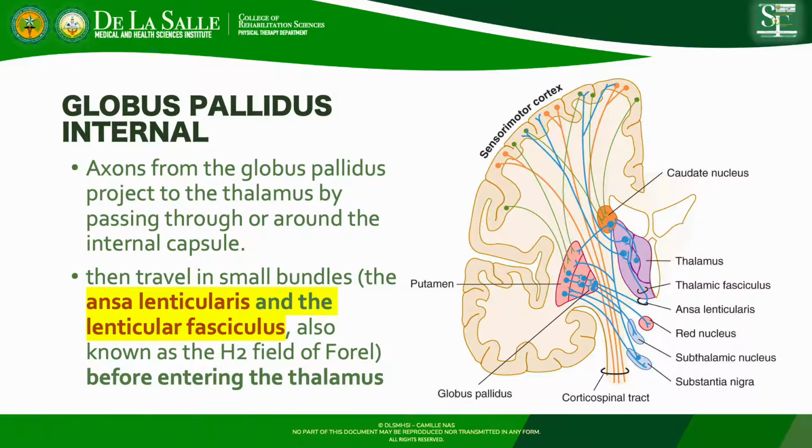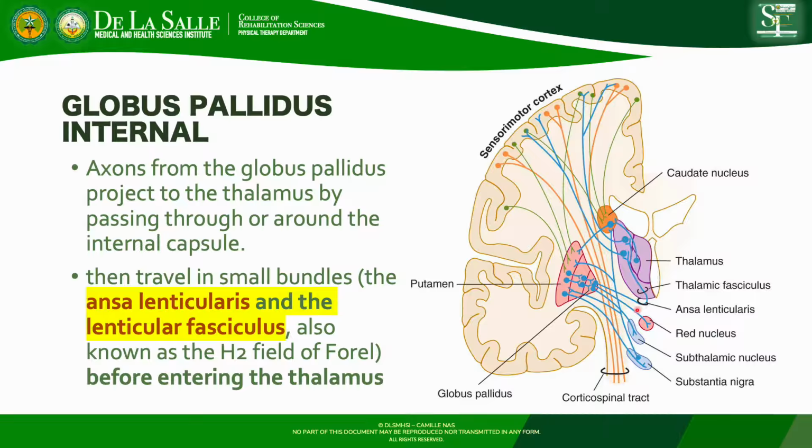So here is the ansa lenticularis and the lenticular fasciculus. As you can see in the picture, it's just a pathway, a collection of bundles of axons coming from the globus pallidus going to the thalamus. So it's named the ansa lenticularis, this one.